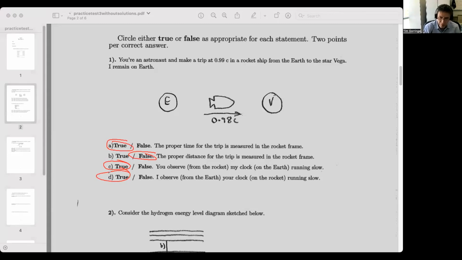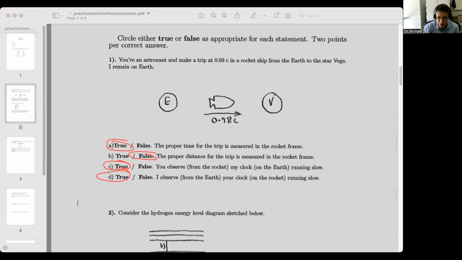Also, the rocket ship passenger, the astronaut looking at my clock on Earth, sees my clock running slow. They also see that my clock has a longer time between ticks, has dilated time between ticks, and is running slow.